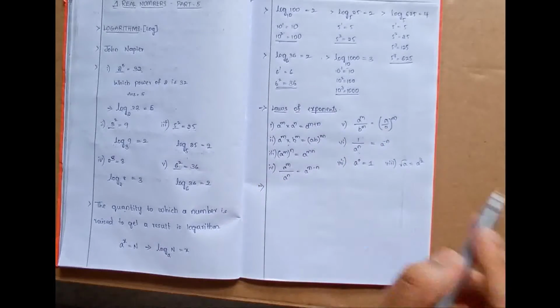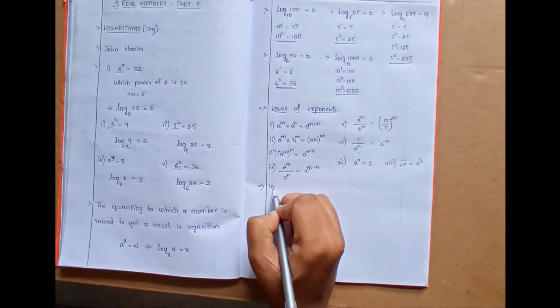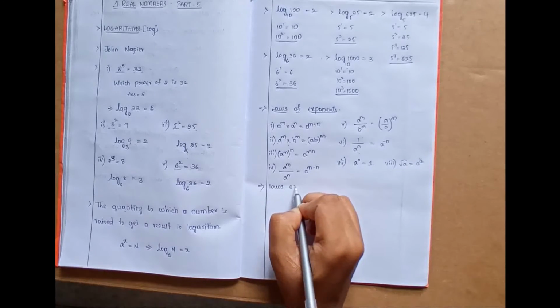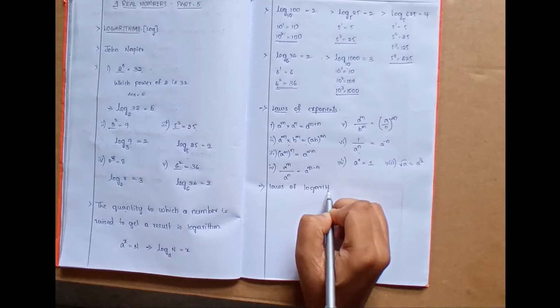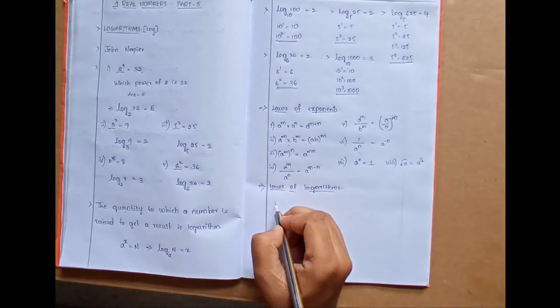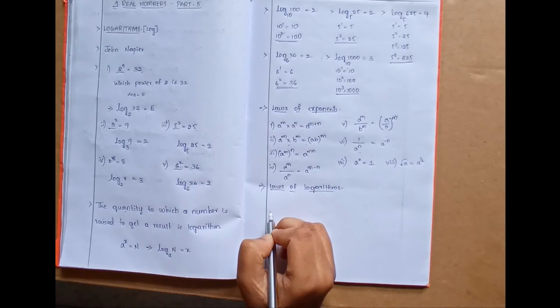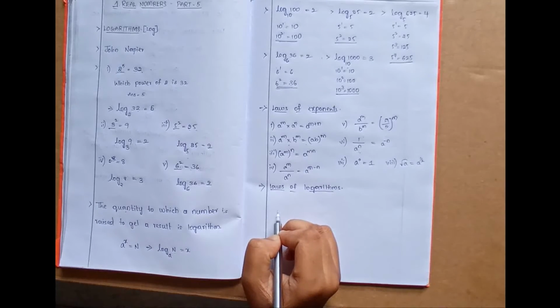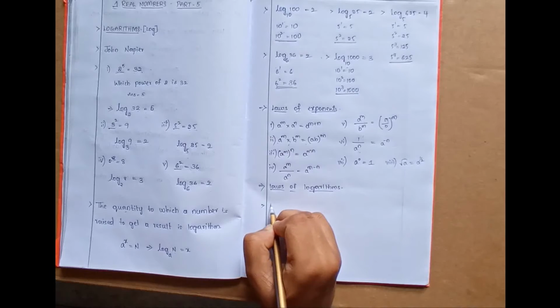Okay, these are the laws of exponents, and now we are going to study the laws of logarithms. Here there are 6 laws, and we have 3 rules.